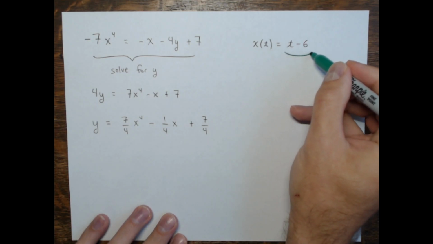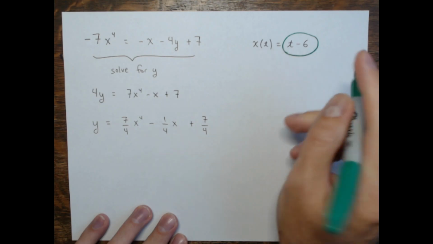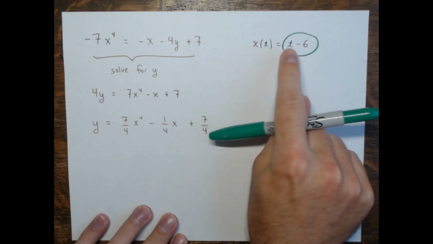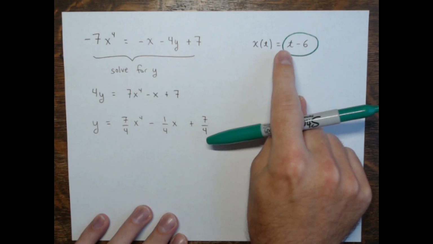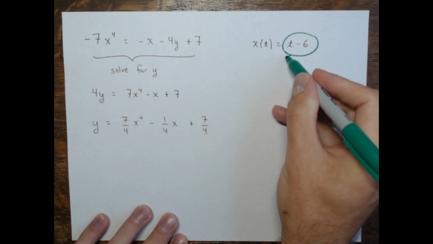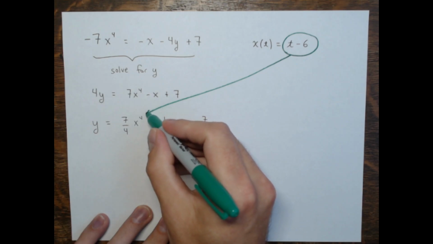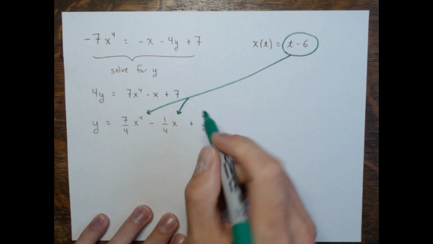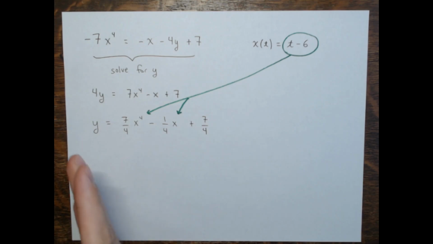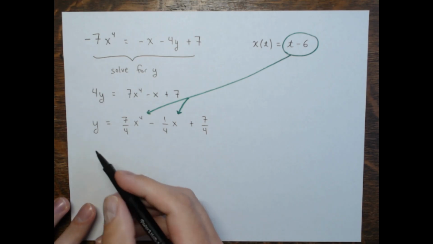And now for the parameterization of the y coordinates, I'll take my parameterization of the x coordinates, x of t is t minus 6, and substitute for x in this equation here, and then we'll get our y coordinate in terms of this same parameter called t.